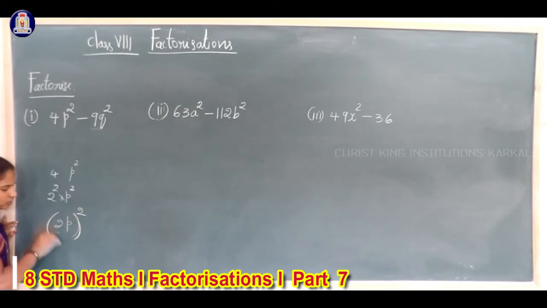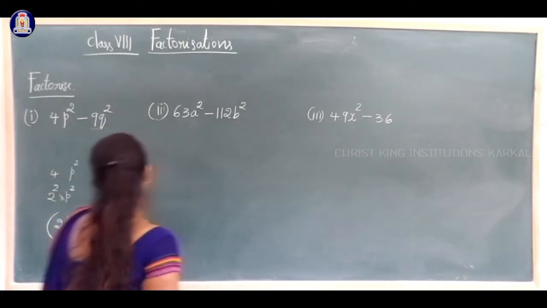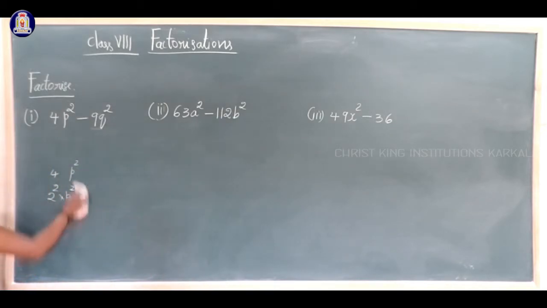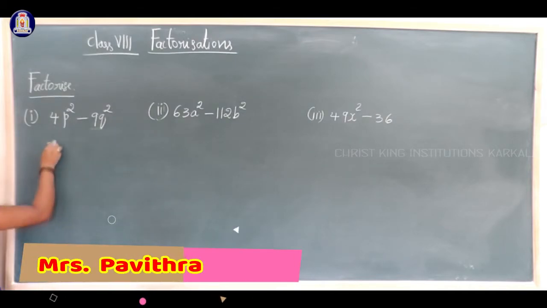If I write the whole square, the meaning is the power of 2 is 2 and the power of p is also 2. Same. So 4p square can be written as 2p the whole square.